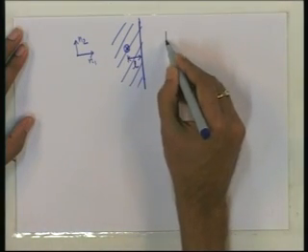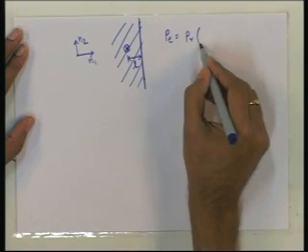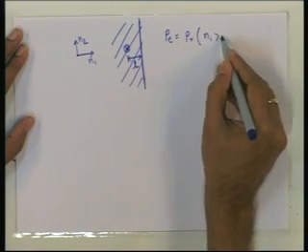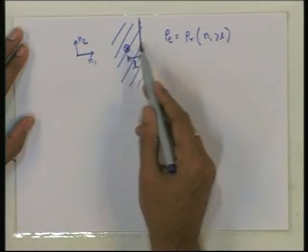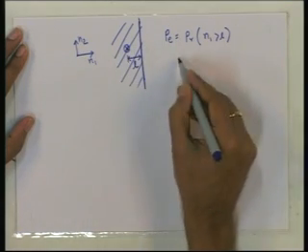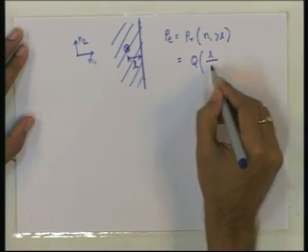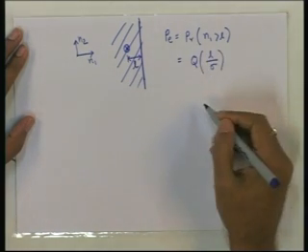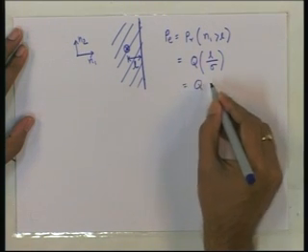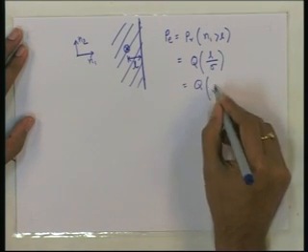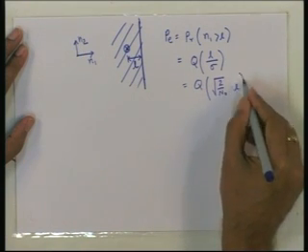The probability of error is the probability that N1 is greater than L. If N1 is greater than L, the received point will be on the right hand side of this line. And this is nothing but Q of L by sigma, that is Q of root over 2 by N naught times L.